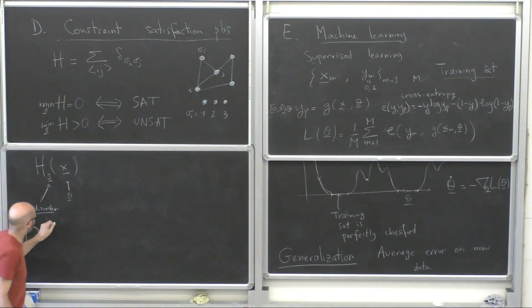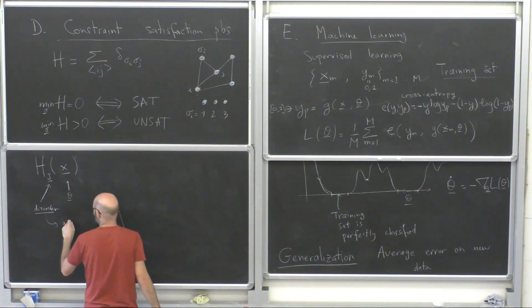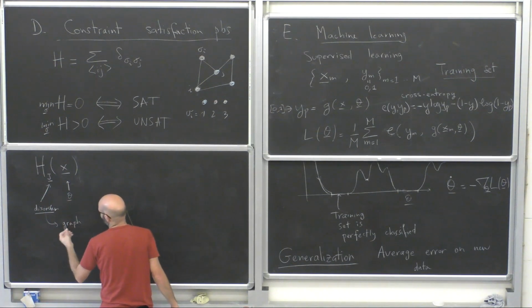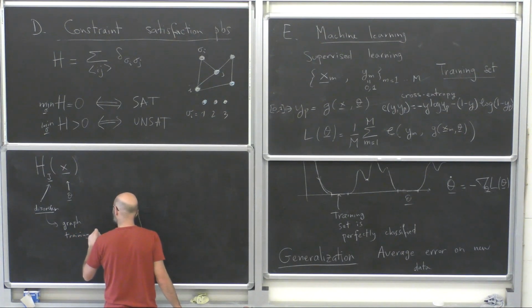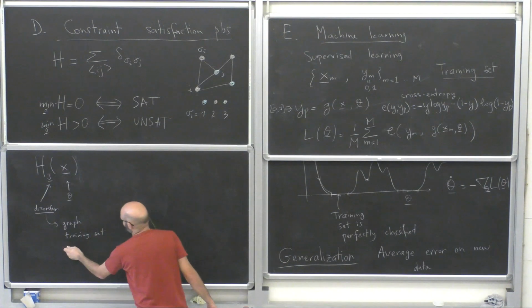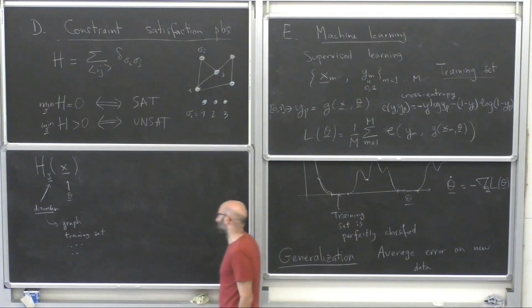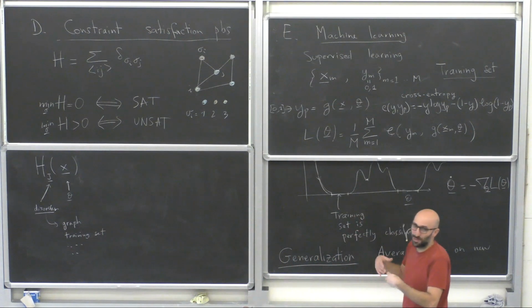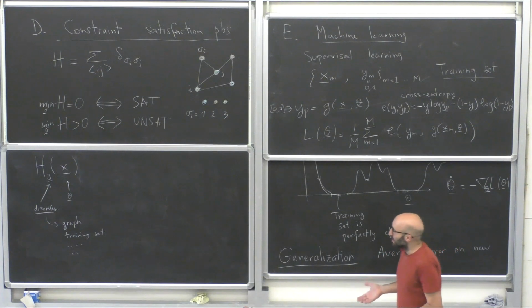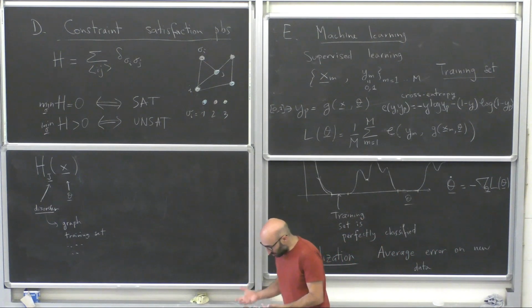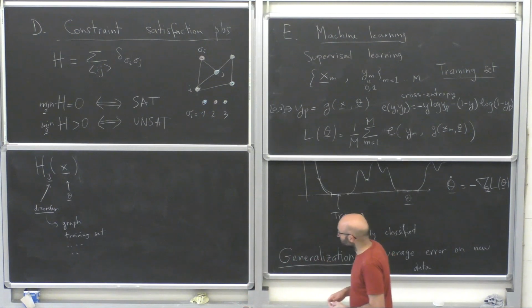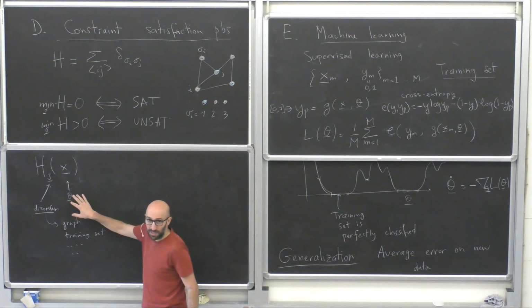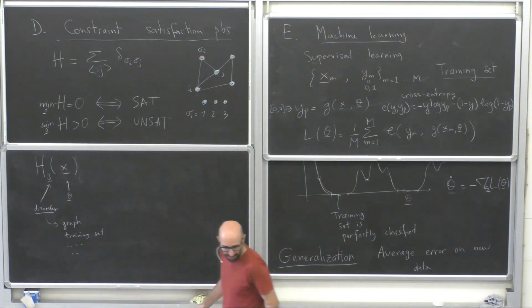So the graph is going to be the disorder in your problem. The disorder can be the graph, it can be the training set, or other things. What I will call disorder is whatever you need to specify your problem, and then there are some degrees of freedom that are the ones you want to minimize.